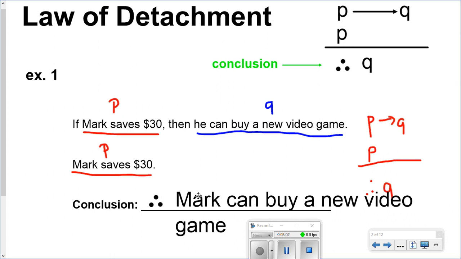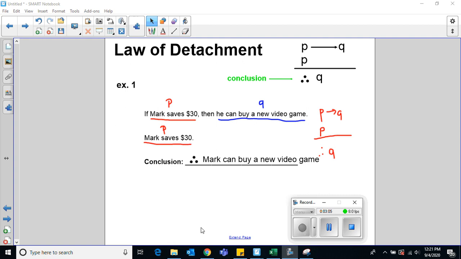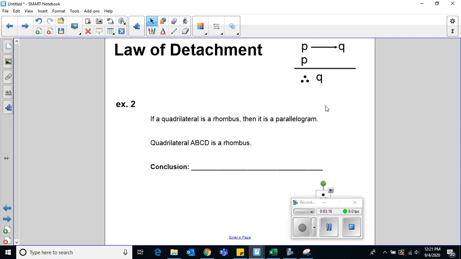And that will be our conclusion. Okay, so now we've diagrammed our statement, see if it matches the law of detachment, and that it does. So now we're able to come up with the conclusion. So let's try another example. So again, remember that's the form the law of detachment needs to be in.